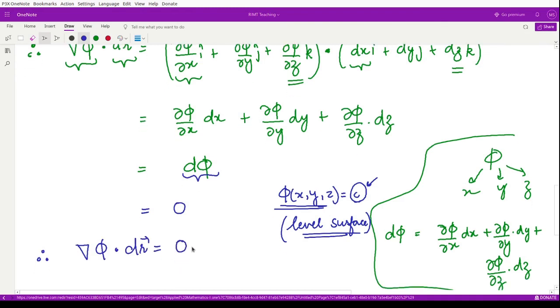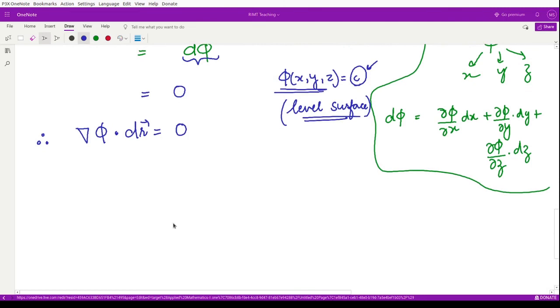Now this is equal to 0, and because this vector is not 0 and this vector is also not 0, they have to be perpendicular to each other. So we can say the vector del of phi, that means the gradient of function phi, is perpendicular to the vector dr.